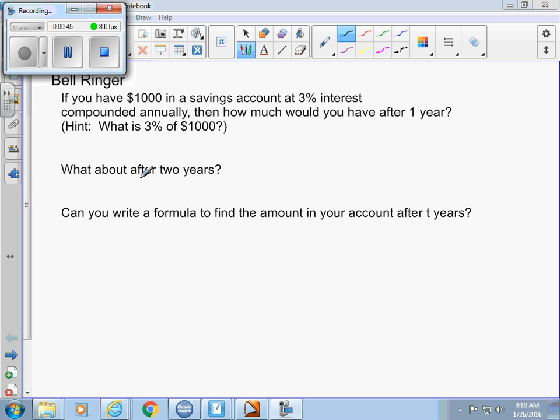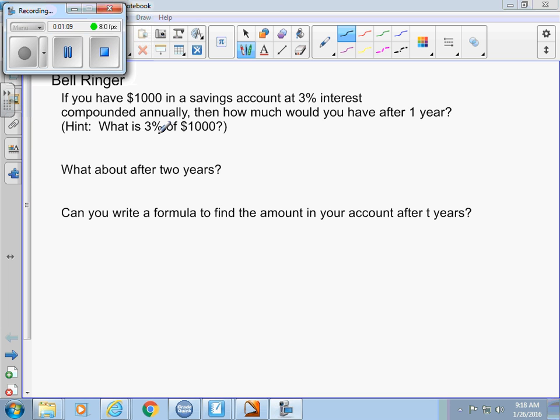So this asks if you have $1,000 in a savings account at 3% interest compounded annually. What compounded means is that's when the bank takes your interest and puts it in the account. How many of you have a savings account of some sort? Maybe monthly, do y'all see a little amount go in?